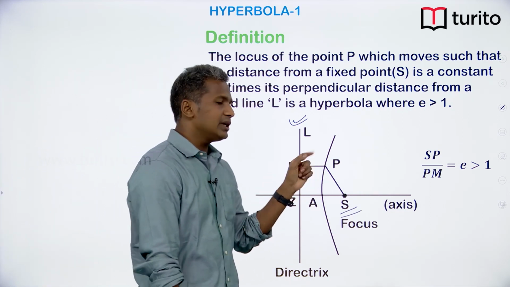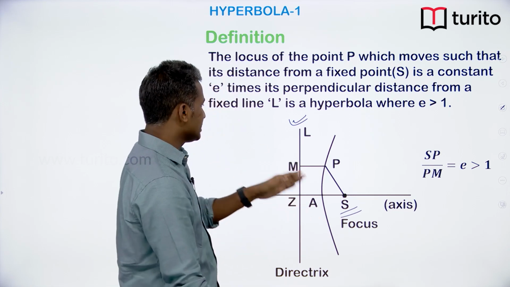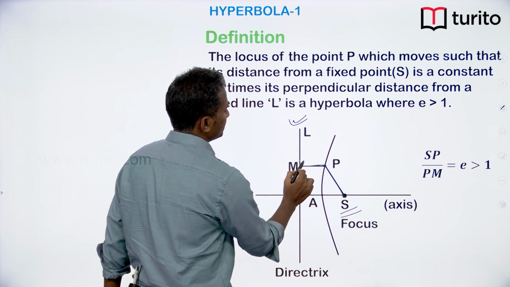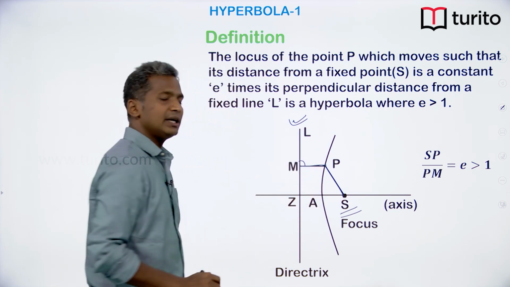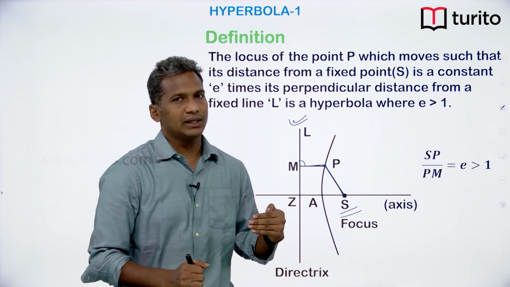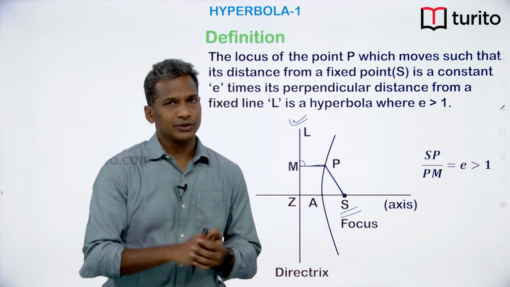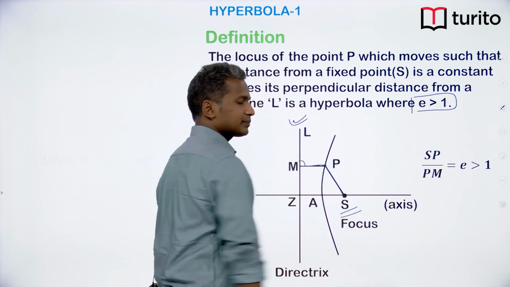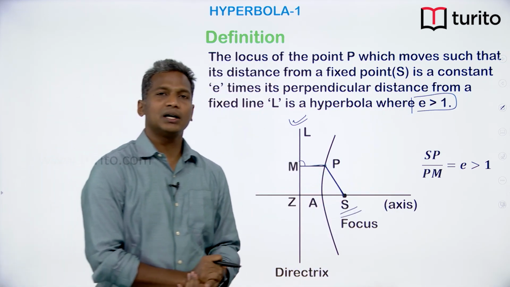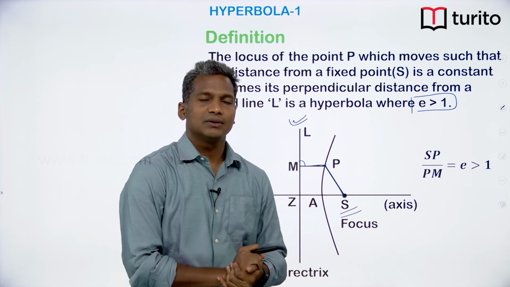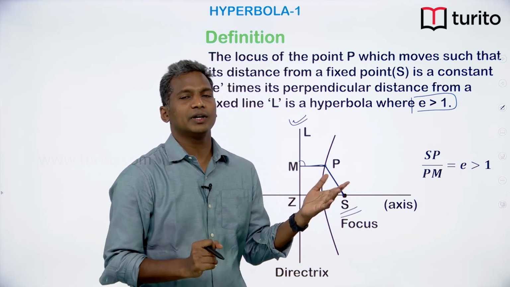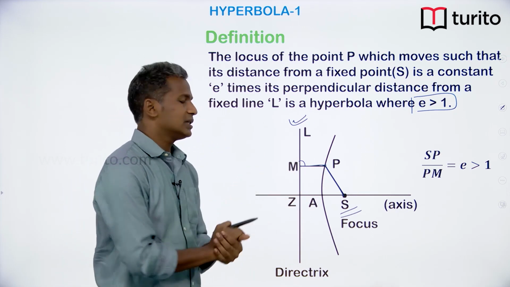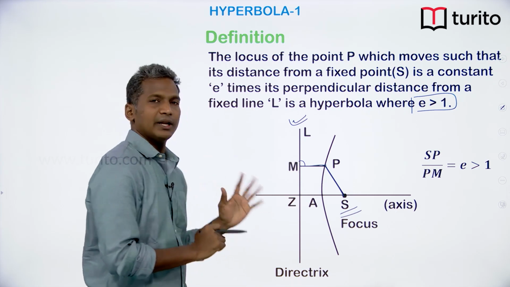Now the point P is a variable point which is moving so that PS and PM, that means distance from the fixed point and distance from the fixed line, are always at a constant ratio which is named as E, the eccentricity. For hyperbola, E must be greater than 1, for ellipse E less than 1, for parabola E equal to 1. We know this idea already, and that is how we define it.